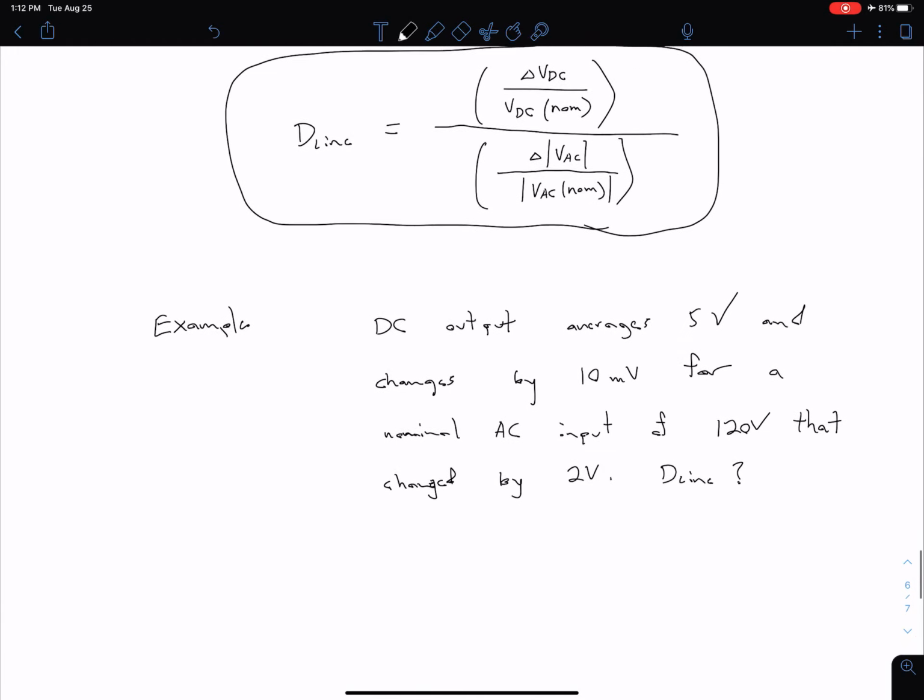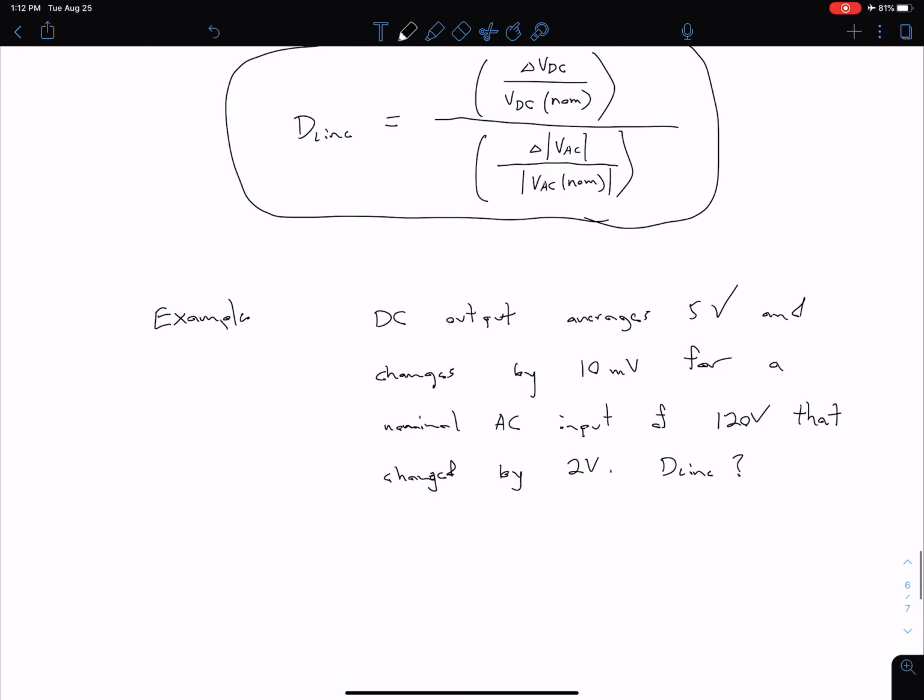And so we can calculate our D line just using this equation. So I'll try to keep that on the screen while we plug in our values here. So we would say our D line is equal to, of course our delta VDC is 10 millivolts. I'm going to put it in volts though, so 0.01 volts. Our VDC nominal is the 5 volts, that's what it normally is.